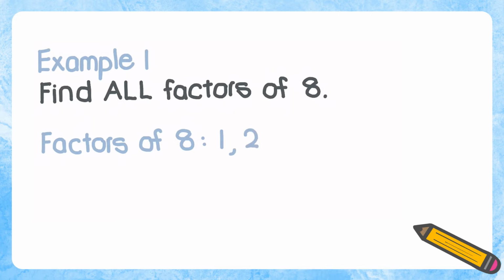And 2 is a factor because 2 times 4 equals 8. 3 is not a factor of 8, but 4 is a factor of 8. And lastly, 8 itself is also a factor of 8. So when we're finding factors, remember to always list the number itself. So 1 and the number itself will always be factors of that number.